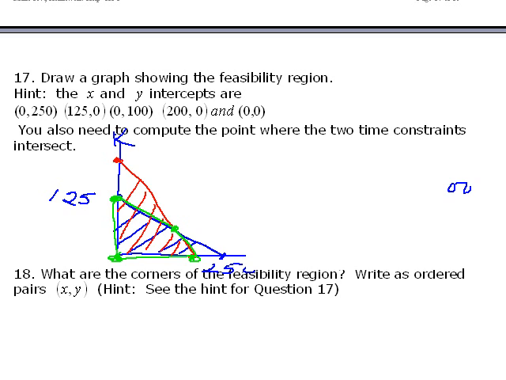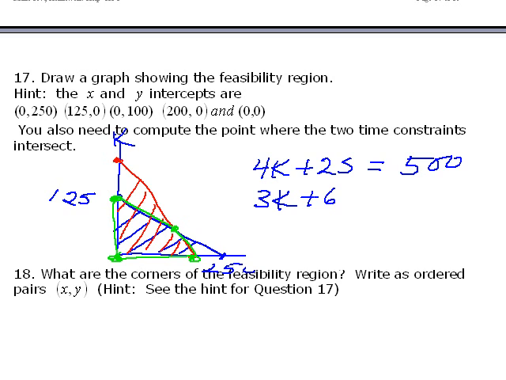The two equations were 4k plus 2s, and now you use equality because you want to be right on that line, equals 500. And then 3k plus 6s equals 600. Now you solve this as a system.